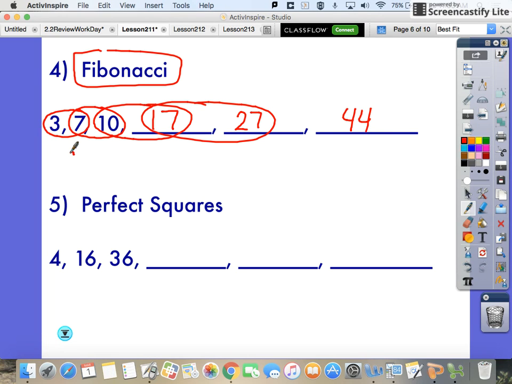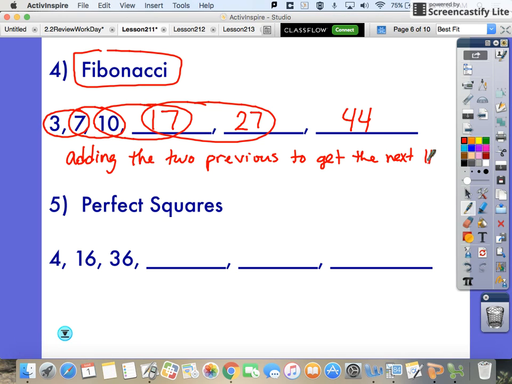So basically what you're doing is adding the two previous to get the next number. Okay? This one is probably going to be on the test, so I'd maybe make a note about this one.